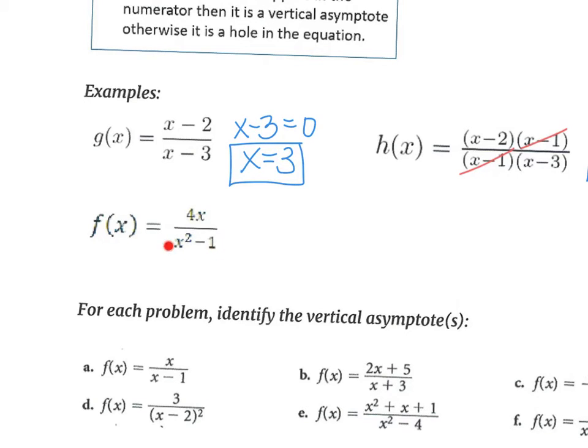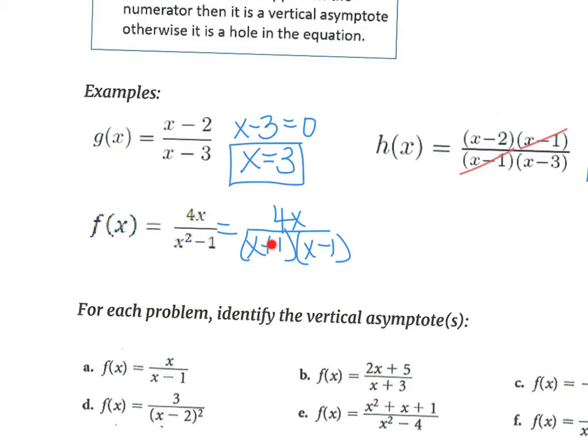On the third one, it's not factored for us. Again, just looking at the denominator, we're going to have to factor that one first. I'm going to rewrite the denominator, it's a difference of squares, into x plus 1 and x minus 1. The 4x in the numerator just stays there. I don't have a matching factor top and bottom this time, but I have 2 factors, so both of these are going to give me asymptotes.